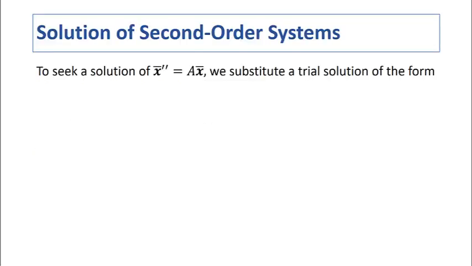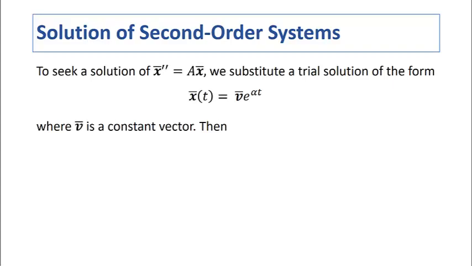Okay, so to seek a solution of our system, x'' = Ax, we substitute a trial solution of the form x = v e^(αt), where v is a constant vector. And so if x is v e^(αt), we want the second derivative, x''. And so x'' will be α² v e^(αt).